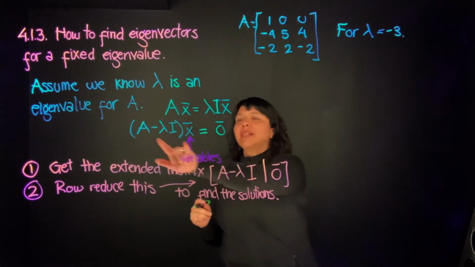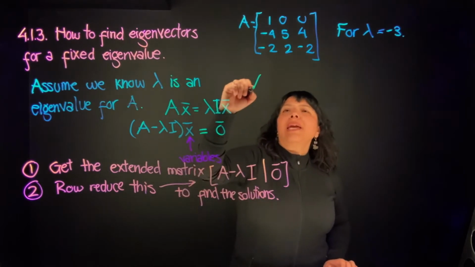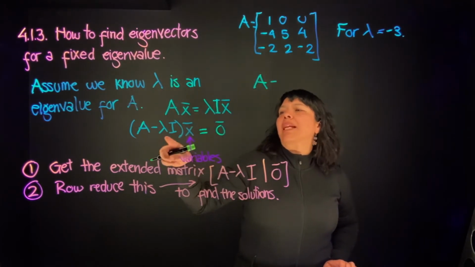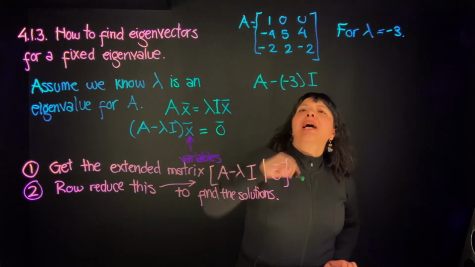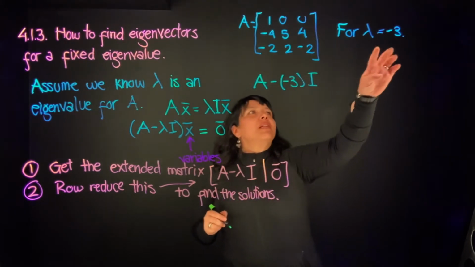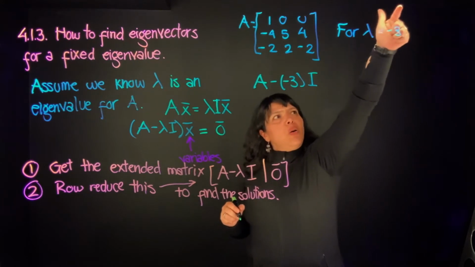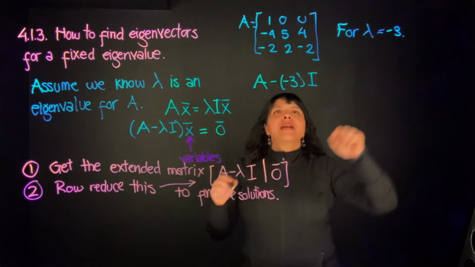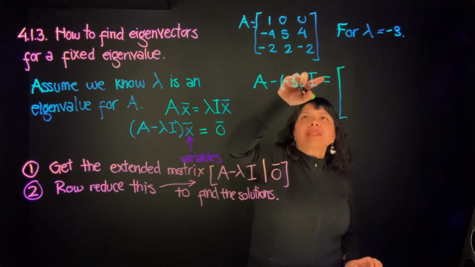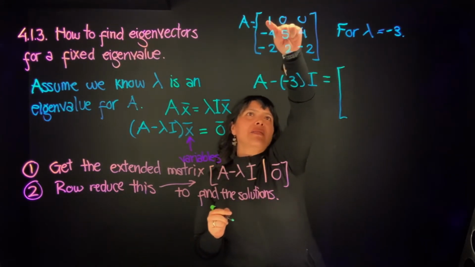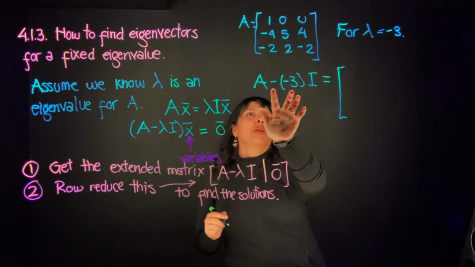Okay, so the first thing that I'm going to do is I'm going to do A minus lambda, so minus negative 3 times identity. And again, because negative 3 times identity only affects the diagonal, this is going to give me the same matrix that I have here, but in the diagonal, I'm going to do plus 3.